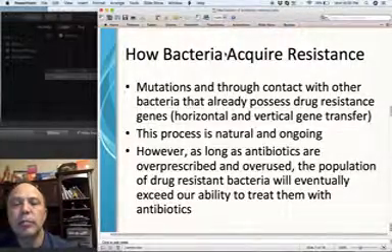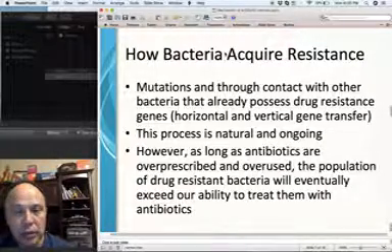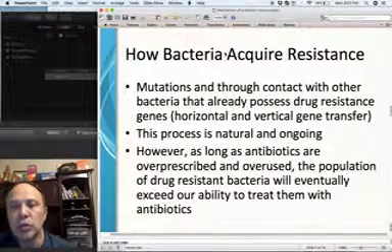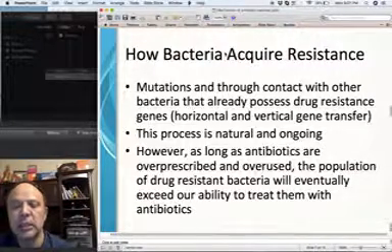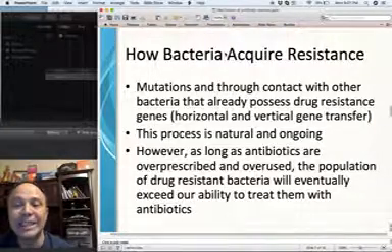Now, how do bacteria acquire resistance? I'll briefly mention how this happens, and it occurs through mutations and through contact with other bacteria that already possess drug-resistant genes. So bacteria acquire resistance in the environment from other bacteria that already contain these genes, and it's through a process involving horizontal and vertical gene transfer.